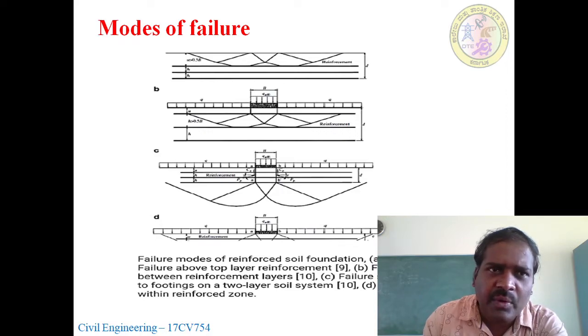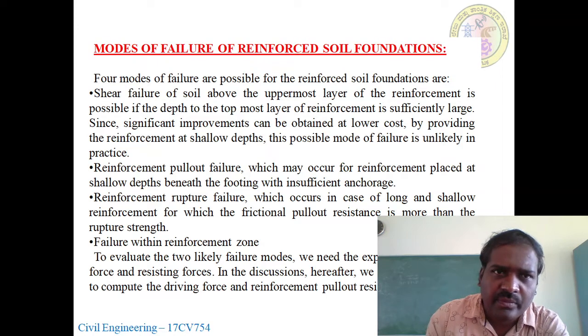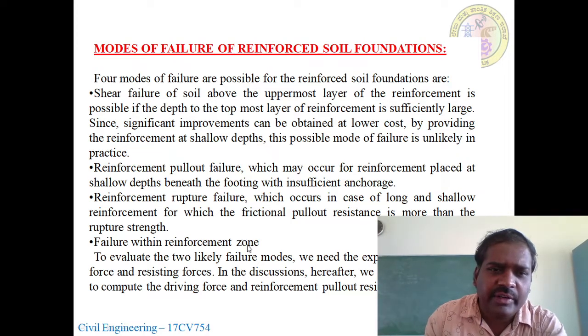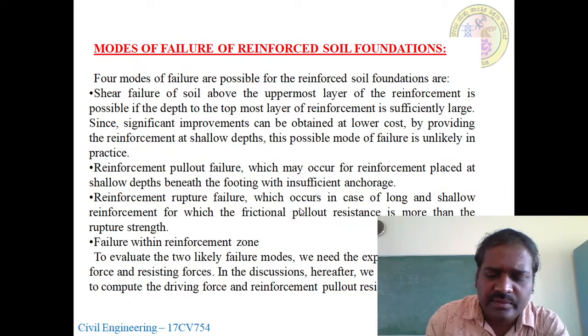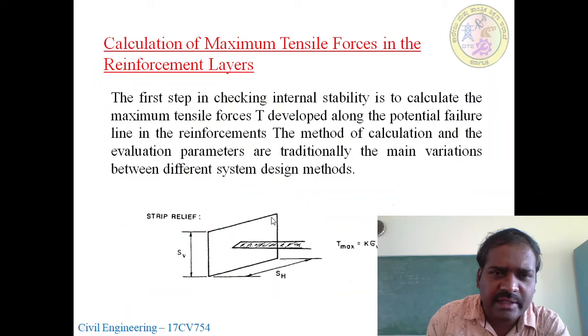So these are the important modes of failure. What we have discussed above, in detail: the uppermost layer, then within the reinforcement, and third the failure within the reinforcement zone. So already we have discussed this.